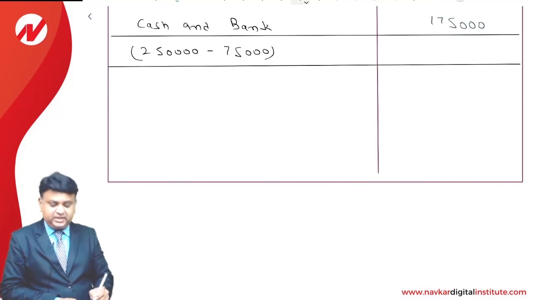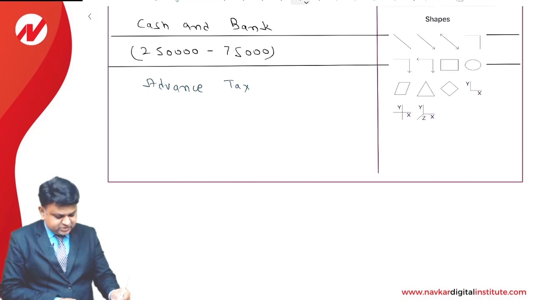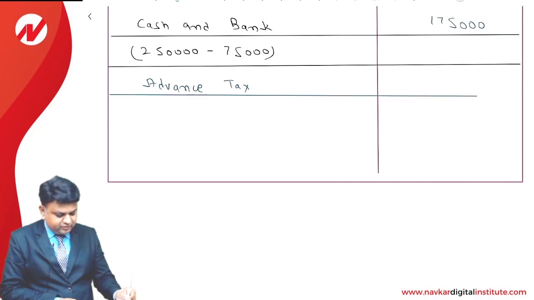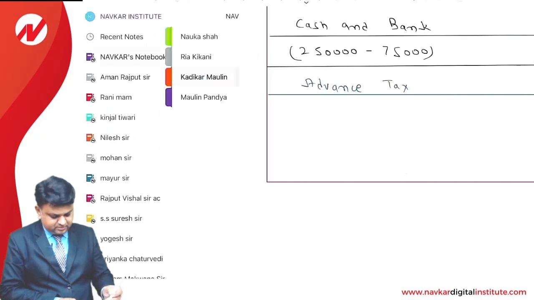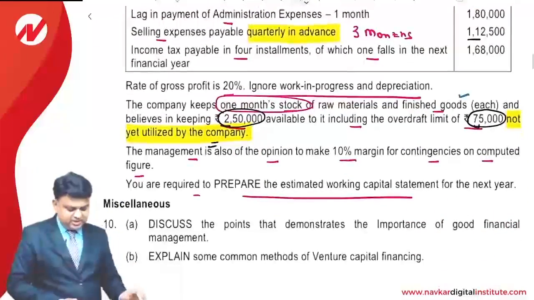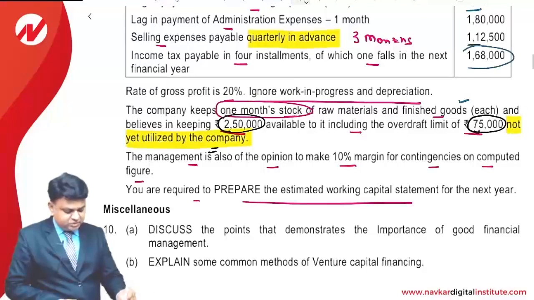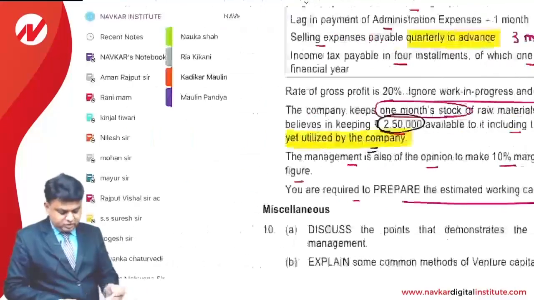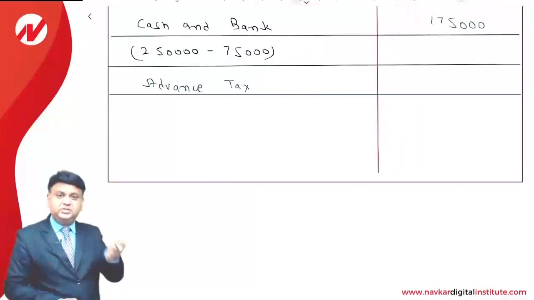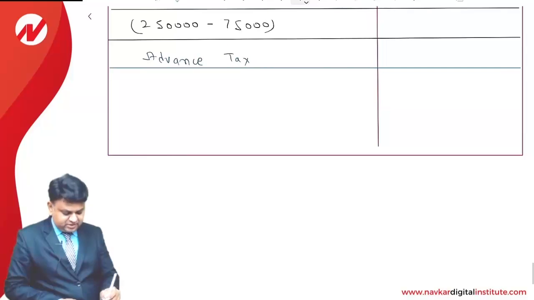Next is advance tax. It has been provided that 3/4 will be paid in advance. We can see that the income tax provision is provided to us as 1,68,000. Of that, one installment is due in the next year, and the remaining 3/4 must have been paid during this year.